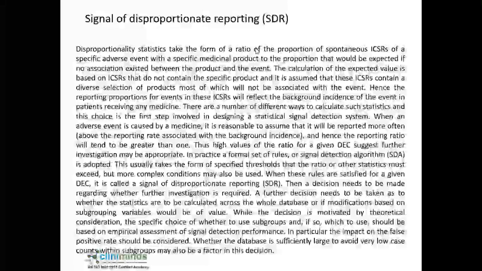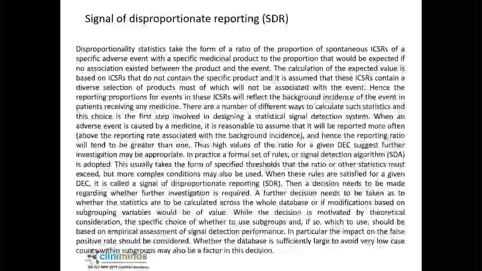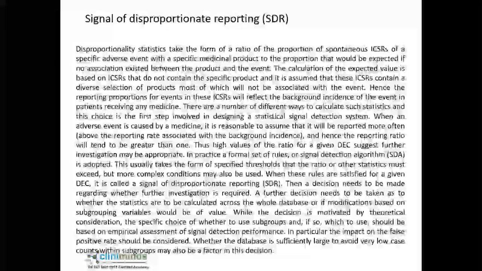The idea behind this is that when an adverse event is caused by a medicine, it is reasonable to assume that it will be reported more often than the background incidence, and so the reporting ratio will be greater than 1. So this is just a tool which is being used for detection.